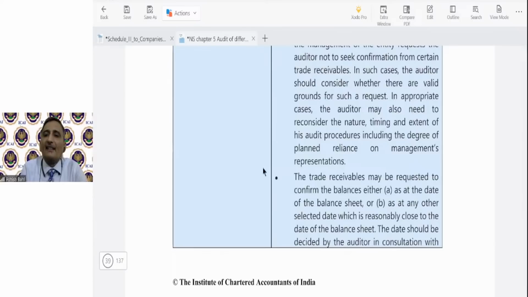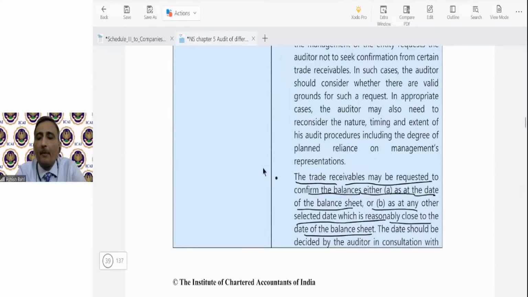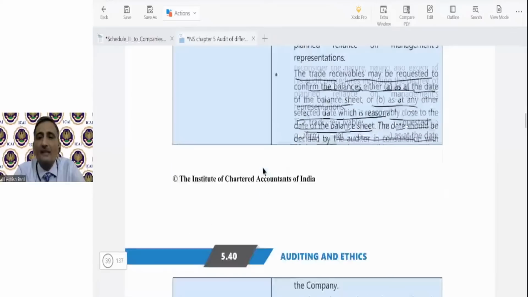So the trade receivables may be requested to confirm the balances either as at the date of the balance sheet or at any other selected date which is reasonably close to the date of balance sheet. But practically, these would be confirmed as at the date of the balance sheet.